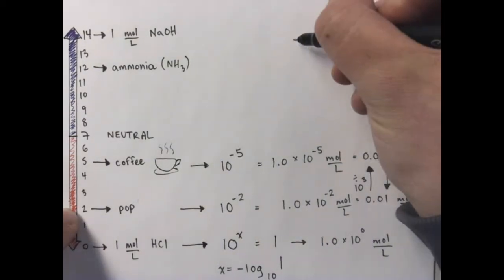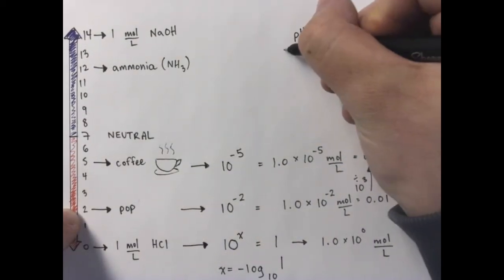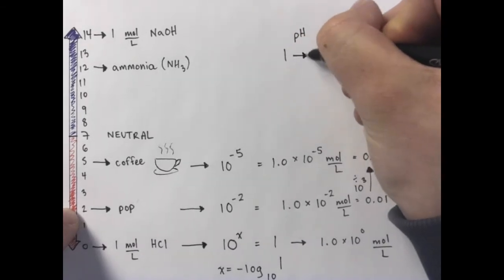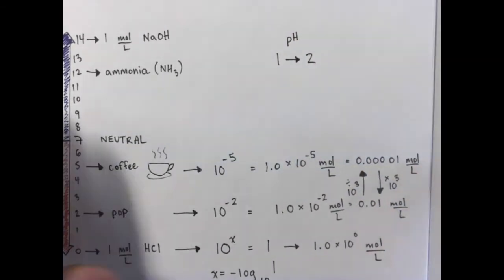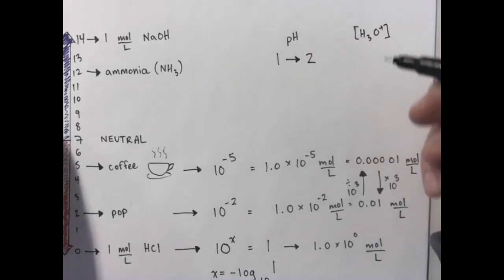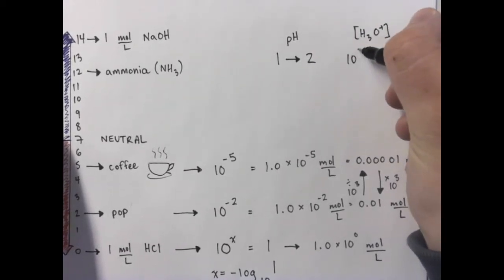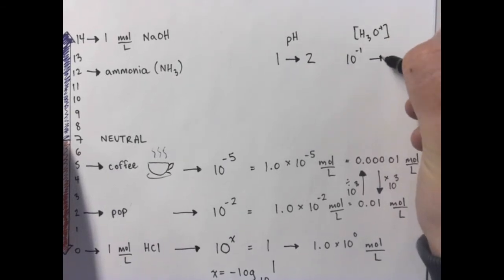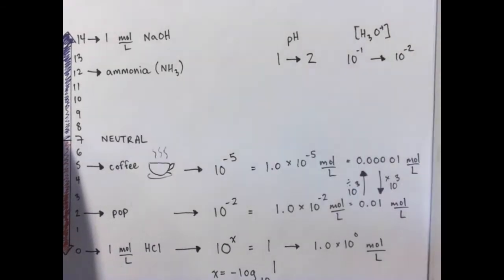If I want to go from a pH of 1 to 2, the hydronium concentration goes from 10 to the minus 1 to 10 to the minus 2.